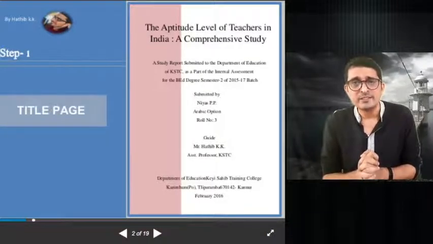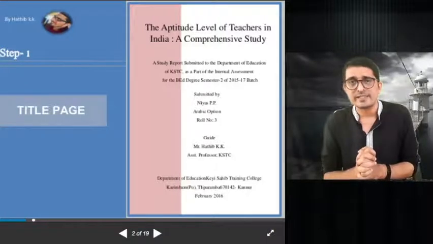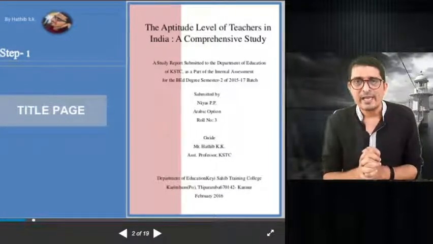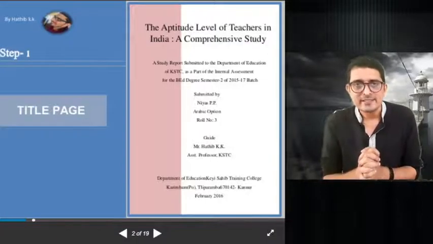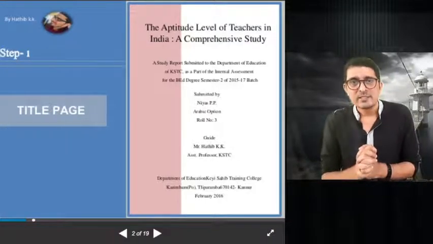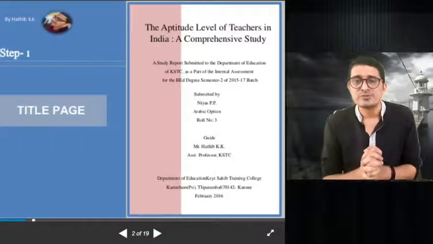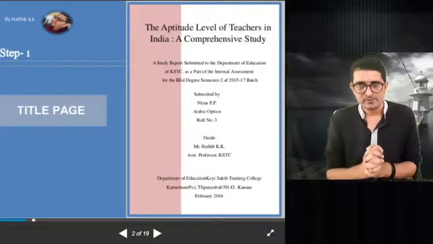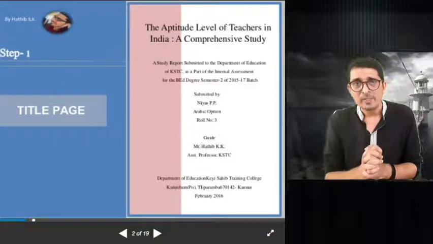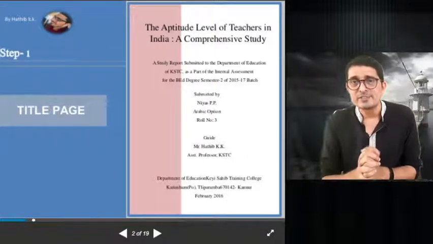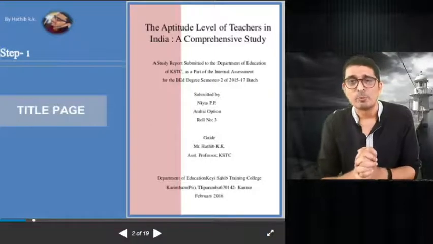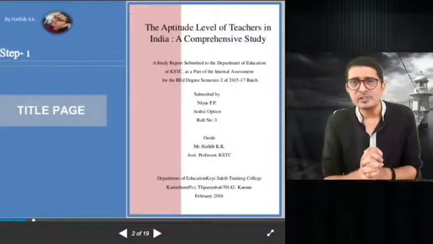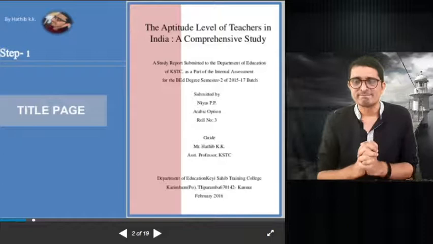Then, a study report submitted to the Department of Education of KSI Training College as a part of the internal assessment for the B.Ed degree semester second of 2015-17 batch. For you, for the B.Ed degree semester first of 2020-22 batch.